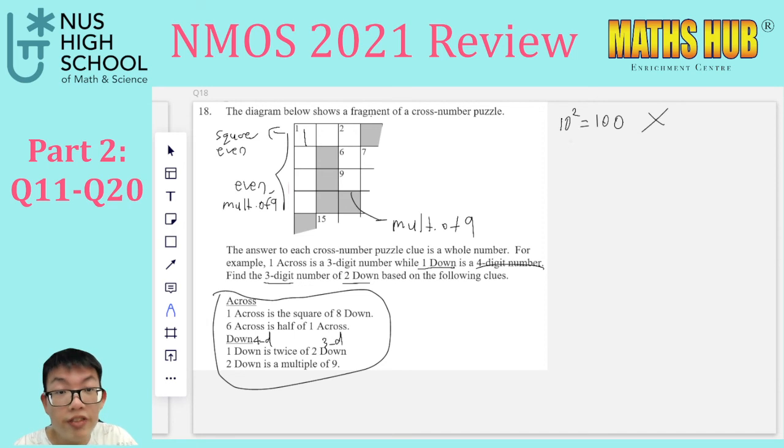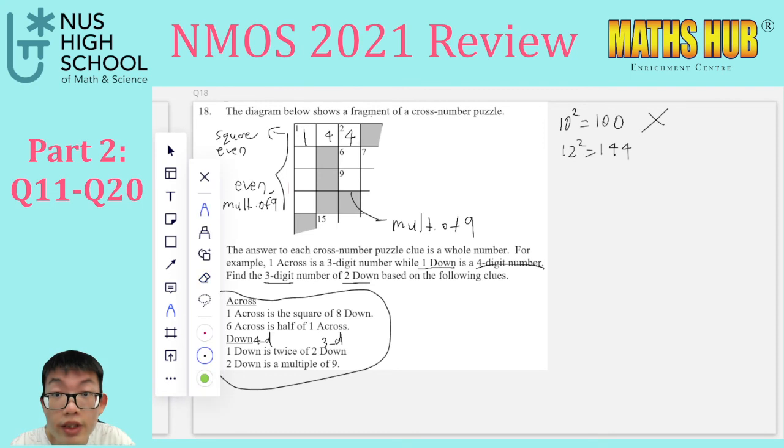Now it has to be even, so I will jump 11 and go to 12 squared, which is 144. We might want to try this, but no, this doesn't work either, because 400 and something, if you have twice of it, is still going to be at most 900 and something. It cannot reach 1,000, so that will not give you a 4-digit number for 1 down.